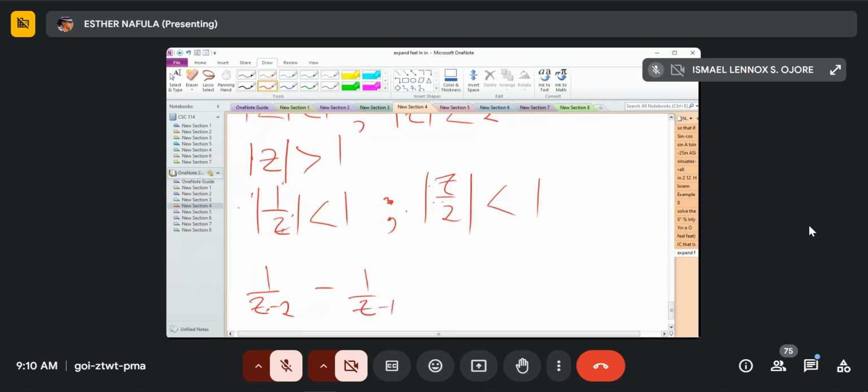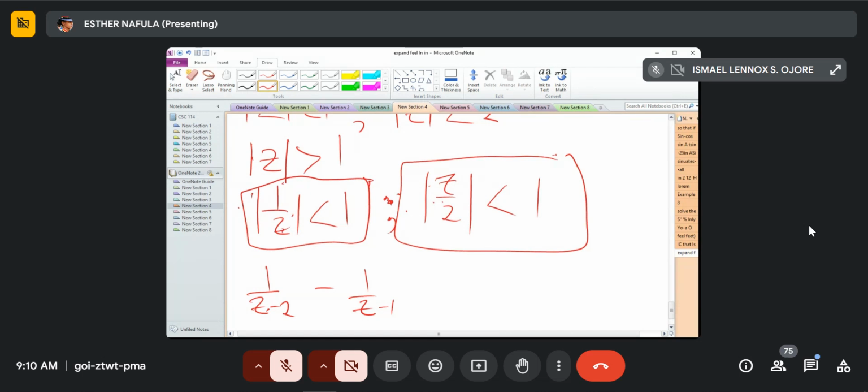So in which fraction are we likely to arrive at a 1 over z? In other words, in which fraction do we apply this condition? And in which fraction are we going to apply the second condition? Look at the two fractions. In which fraction are you likely to arrive at a z over 2 so easily?